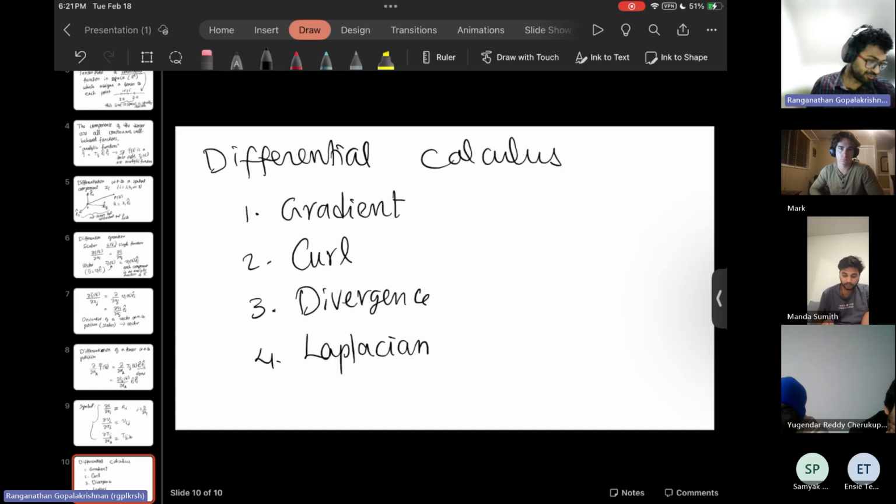Now they all have some physical meaning, which I'll try to explain at least briefly. So let's start with gradient.